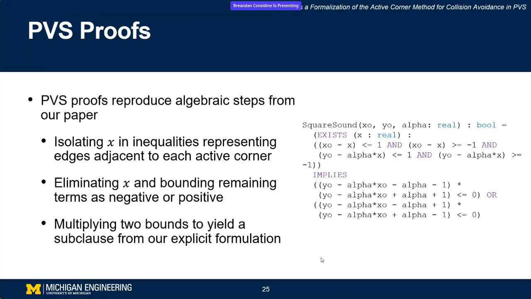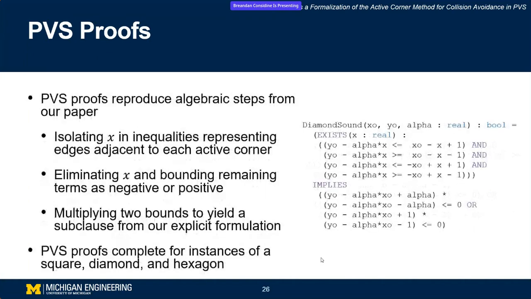You isolate these algebraically, and then you put two of these inequalities together, and you're going to get some bound on the sign. You put these two together, you might get that something is positive. You put those two on the right together, you might get that something is negative. And then you multiply those together to get one part of your PVS consequent. And then you do it for a different pairing of active corners to finish off this whole implication and convince PVS that you have indeed done the right steps, and you get a nice QED at the end.